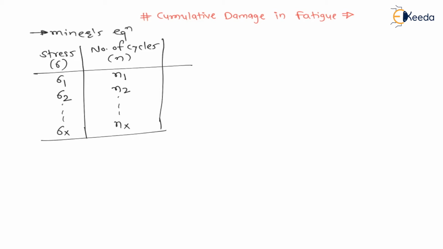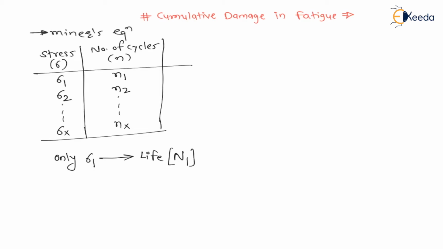Now let us understand some basic concepts. Let us say the component is subjected to only sigma 1. Then let us say the life of the component is capital N1.